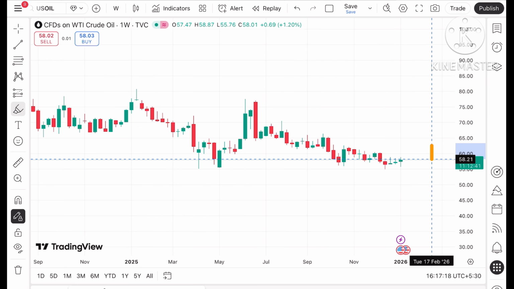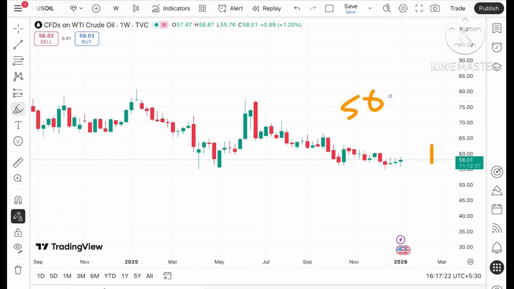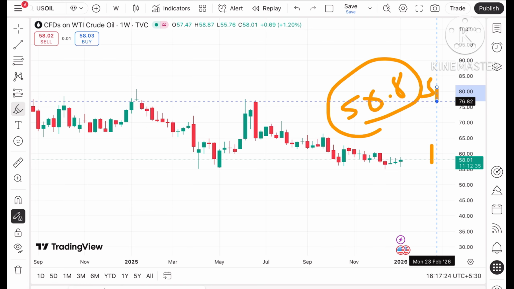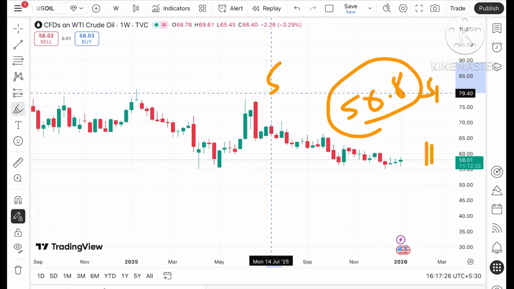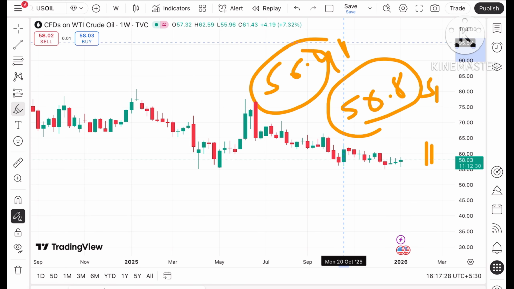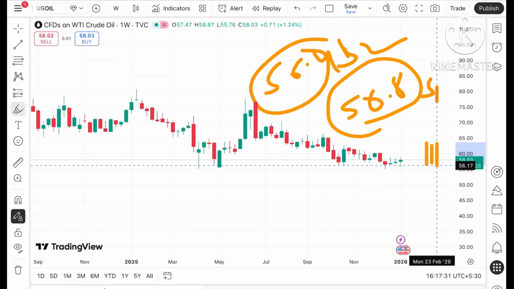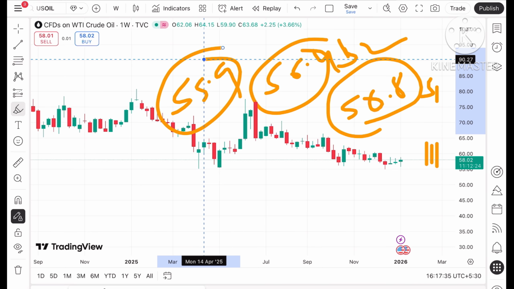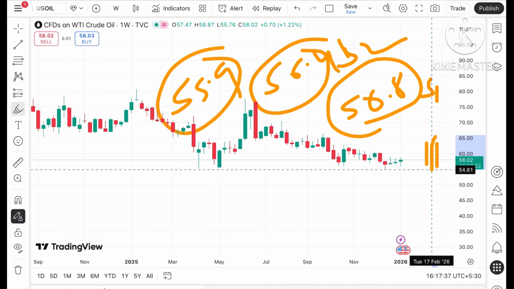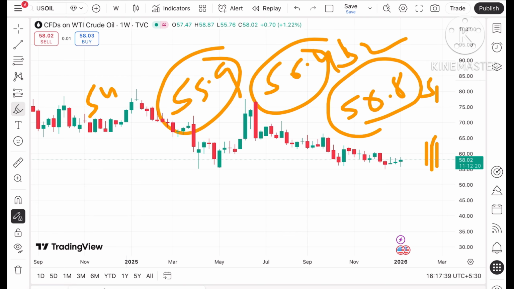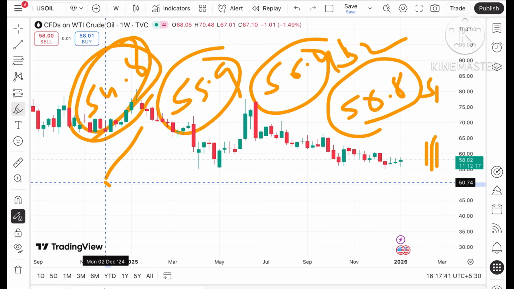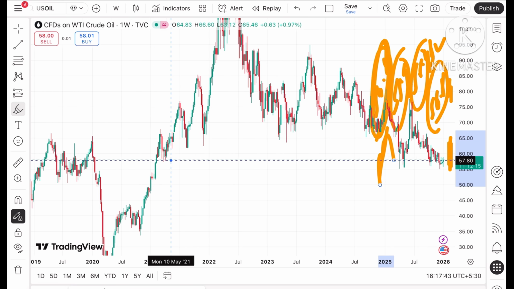But suppose the price starts coming down, it can touch a level of $56.8, which is support one, and if the price goes below this level, the chance of touching 56.4 is there, which is support two. If the price falls below that level, a probability of touching 55.9 is there, and then 54.8, which is already tested, so the price can go further down.